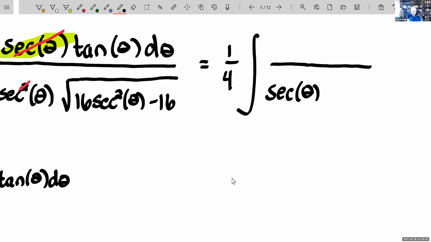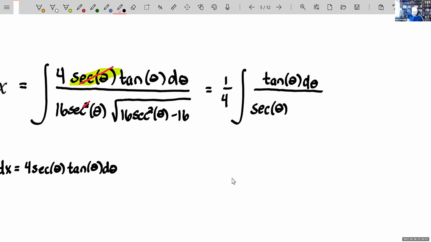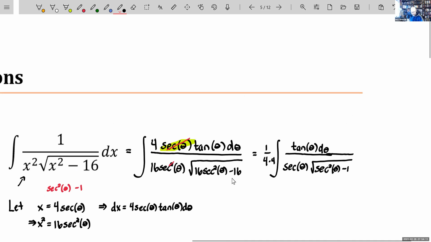So we're left with a tangent of theta d theta upstairs. And we still have this square root of 16 secant squared minus 16. You know you can factor out that 16 and take its square root, so I'm going to put that 4 right here. And we're left with the square root of secant squared theta minus 1. And notice that's a trig identity.